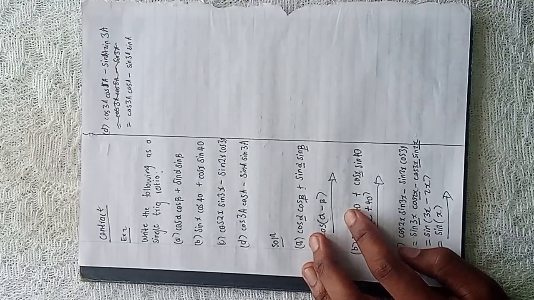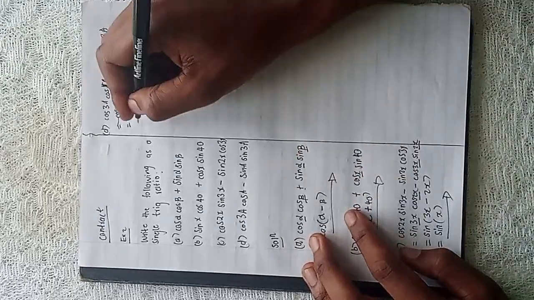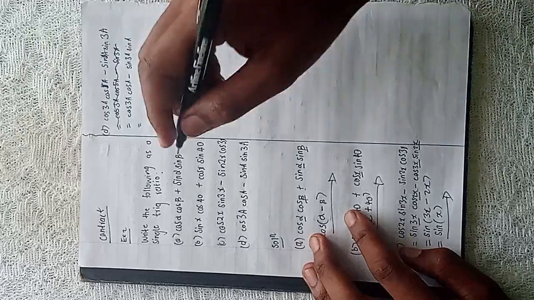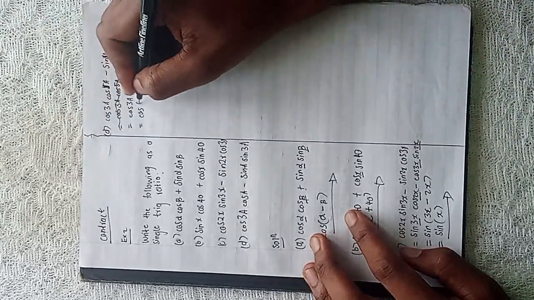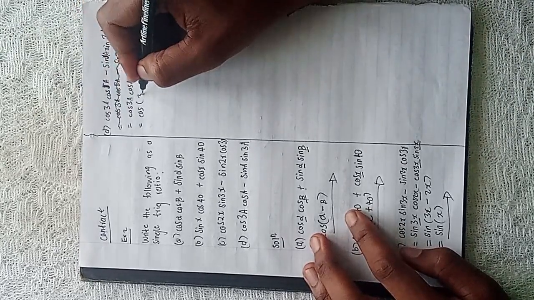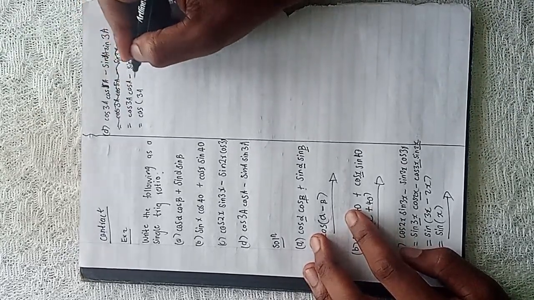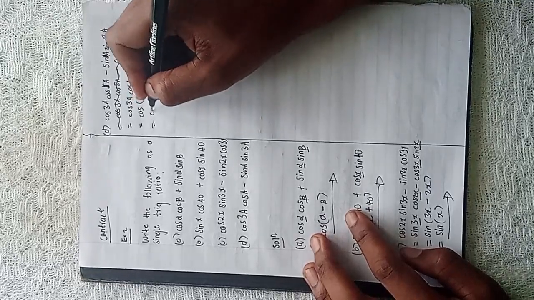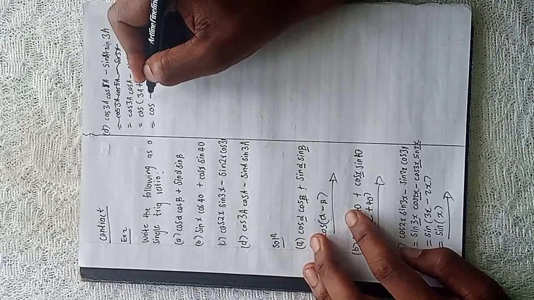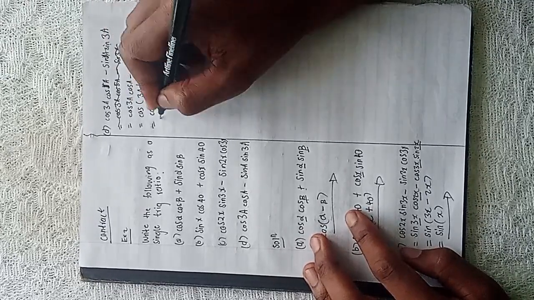Now it's easy to see that this is a cos compound formula. So it's cos 3a, since it's subtract here it will be positive, plus a, that will be cos 4a.